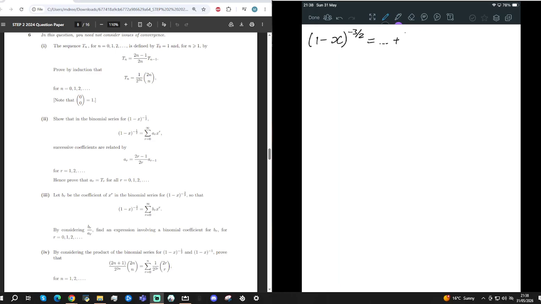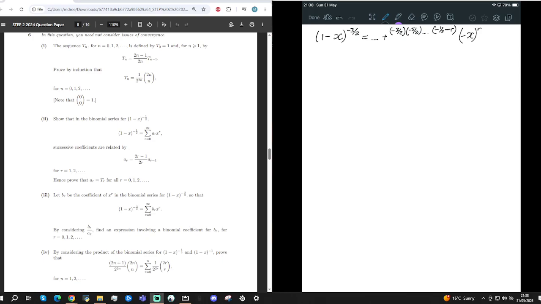And I think I might skip straight to the general term rather than doing the first couple terms. So my general term is negative 3 over 2, negative 5 over 2, etc. Again, I'm going to leave that bracket blank for a moment while I deal with thinking about the power. And I believe, just like before, we need to increment backwards by 1.